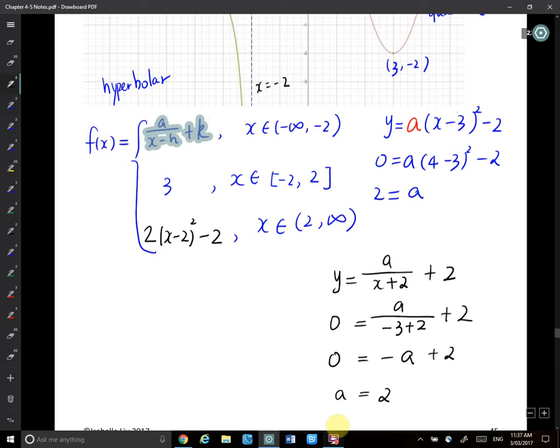So that one becomes 2 over x plus 2 plus 2. And I can write my f(x) in the middle.